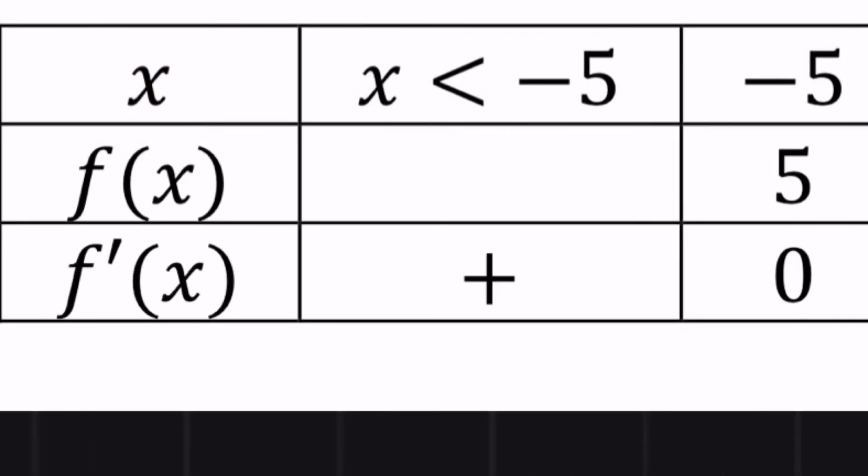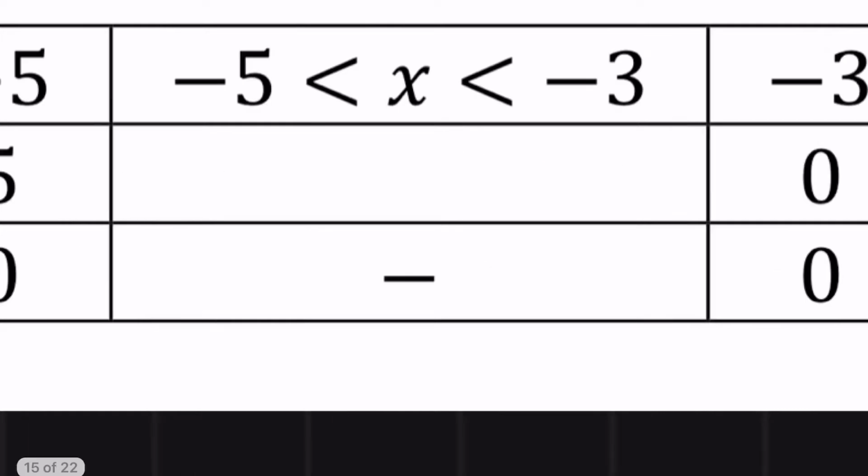The table itself only gives us information about f and f prime. In this first column, for x less than -5, it says that f prime of x is positive. Well, if f prime of x is positive, that means that f of x is increasing. In the third column, between -5 and -3, f prime of x is negative.